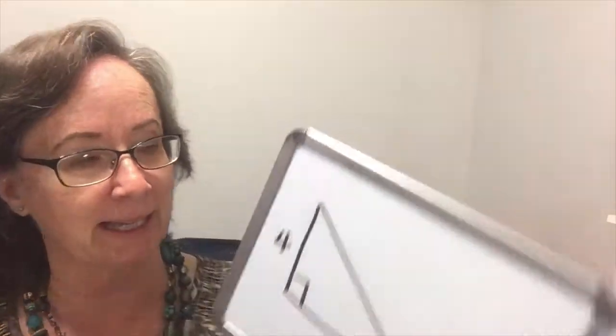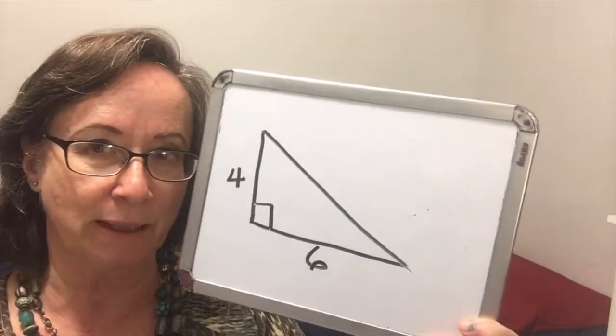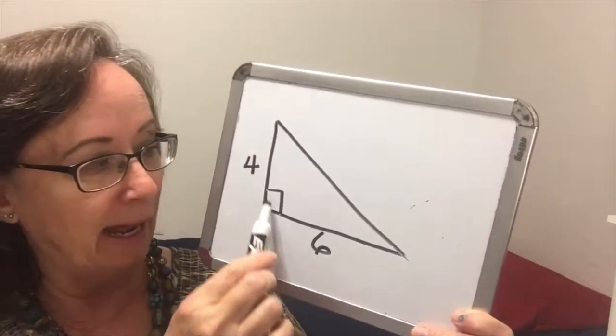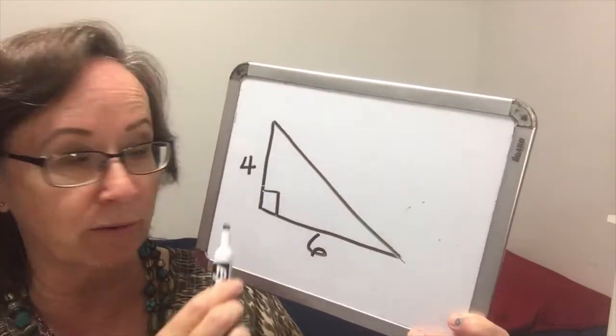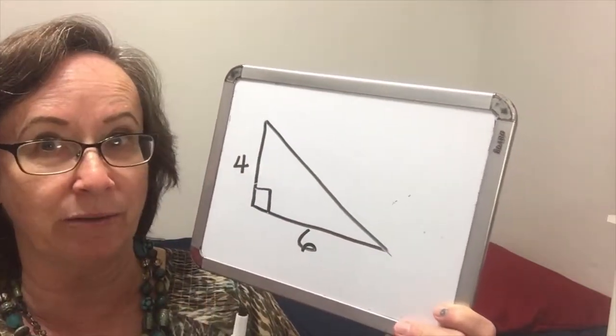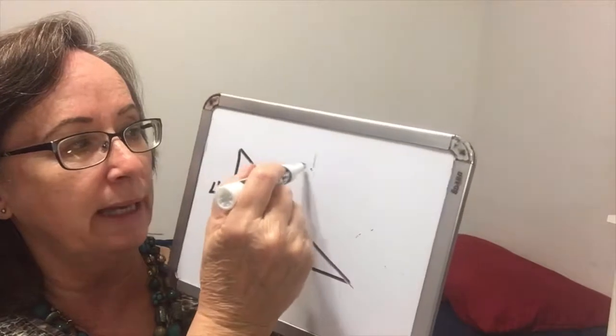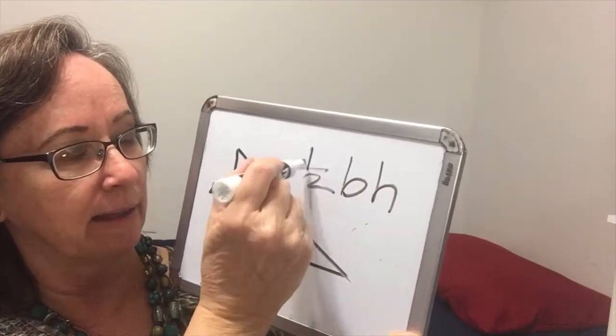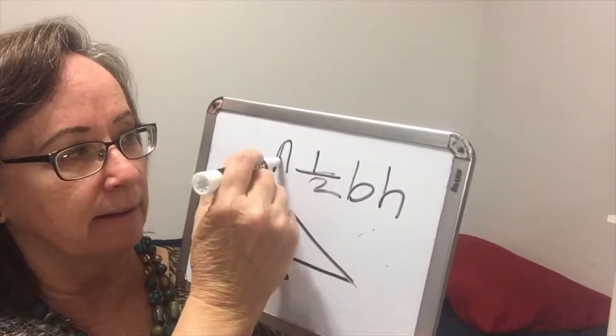So now we have an example, and we only have one example. This is a very quick lesson. We have this one, which has a base of 6 and a height of 4, and it is a right triangle, so we're ready to do that area, right? So 1/2 base times height is the area.